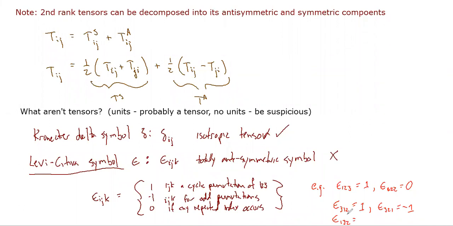Cycling this through, I get 1, 3, 2, 3, 2, 1, 2, 1, 3. At no point do I get the 1, 2, 3 order. So that's an odd permutation, -1. And finally, what's Levi-Civita symbol 3, 3, 3? Definitely have some repeated indices, so that's 0.